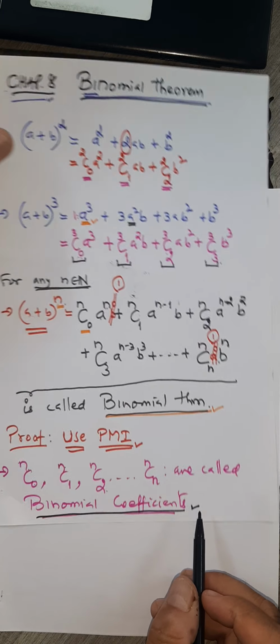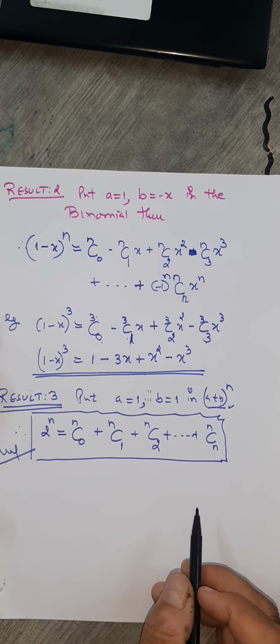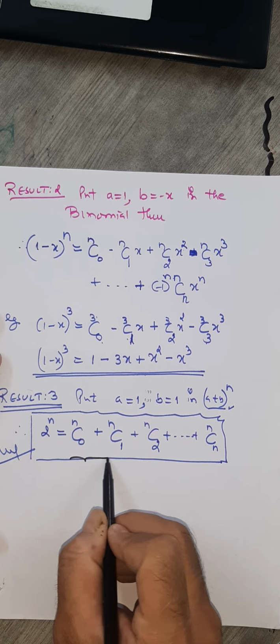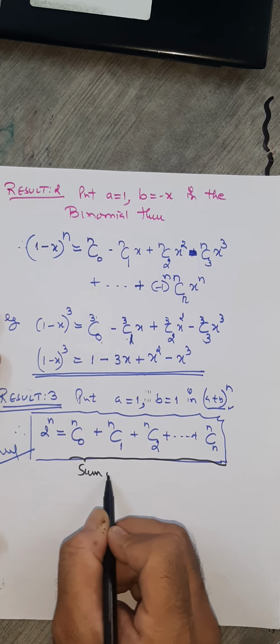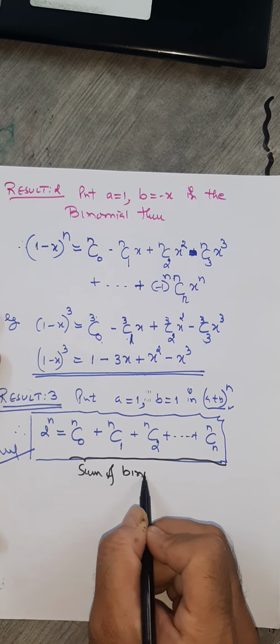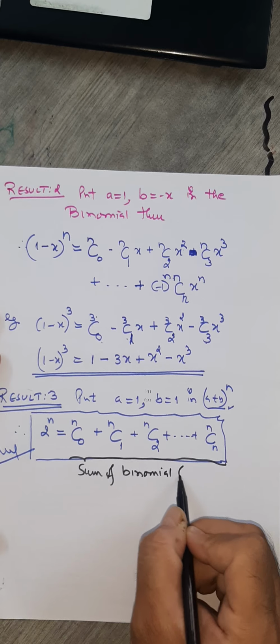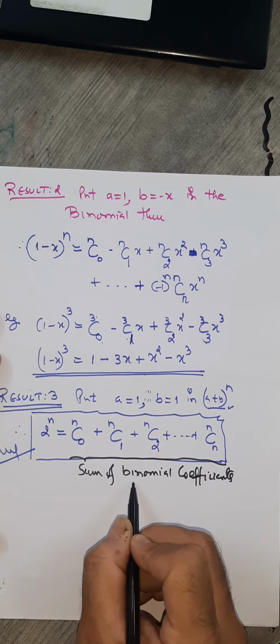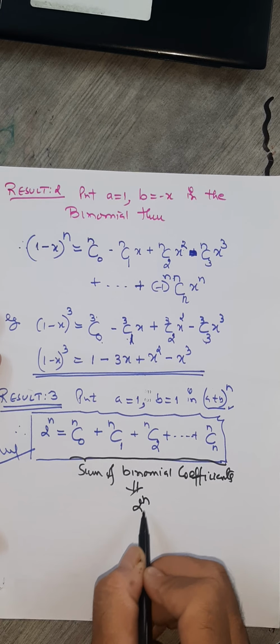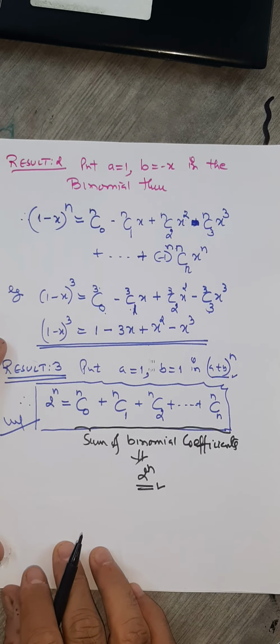So in this result number 3, what I'm trying to tell you is sum of the binomial coefficients is always 2 raised to n. Sum of binomial coefficients is nothing but, what is that? 2 raised to n. Right?